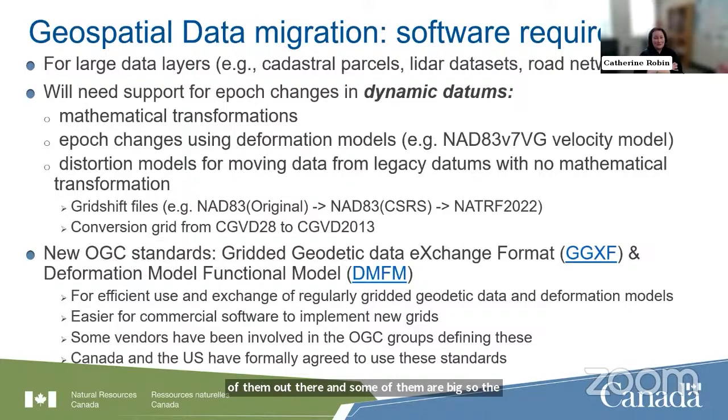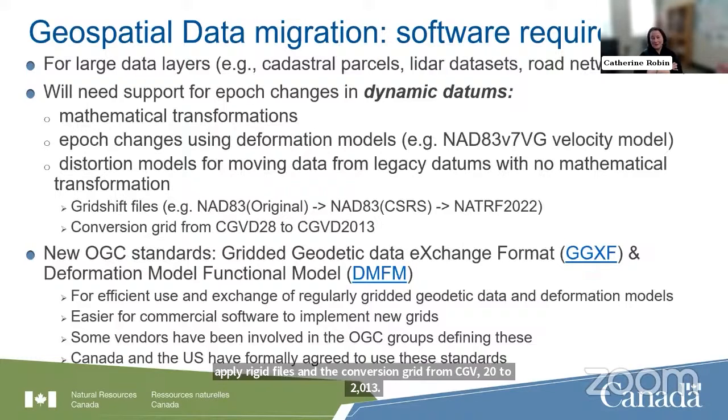So the things that will be needed are the ability to do this kind of work in dynamic datums, which means we have the mathematical transformation, and then we have the epoch changes using deformation models, such as the NAD83 version 7 velocity model, and that is not currently available in some of the popular GIS software. We also need the ability to use distortion models to move from legacy datums where there are no mathematical transformations, and I'm repeating that again, but the grid shift files, to apply grid shift files, and the conversion grid from CGVD 28 to 2013.